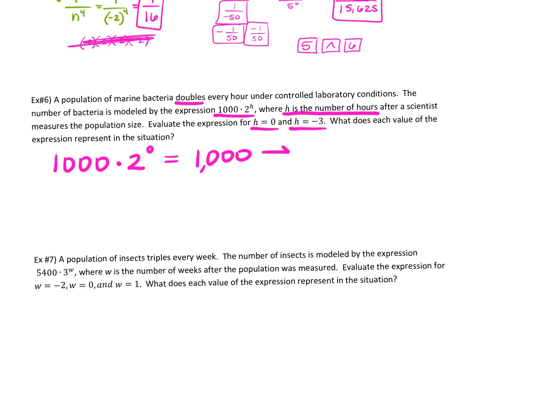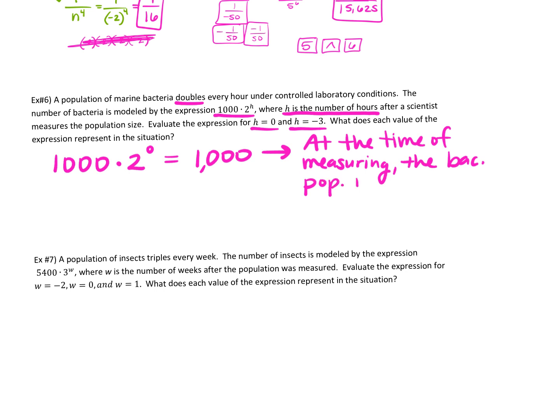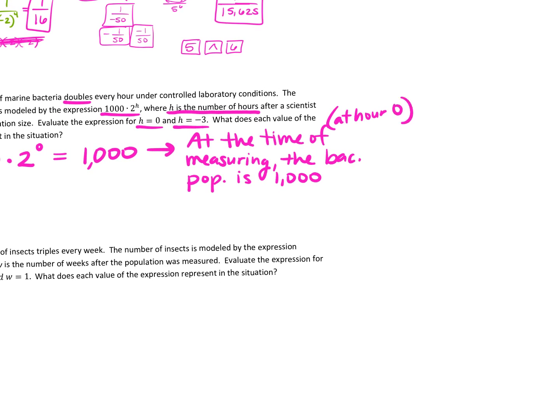So what that means is at the time of measuring, the bacteria population is 1,000, right? You could say at hour 0. But I want to know what is hour 0. It's when they started this process, hour 0, okay?